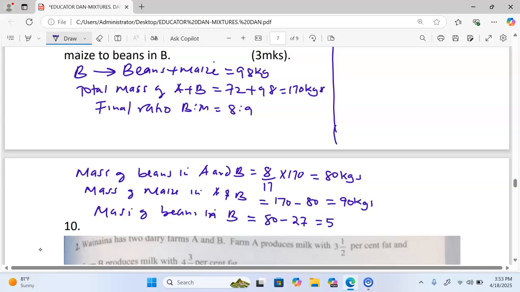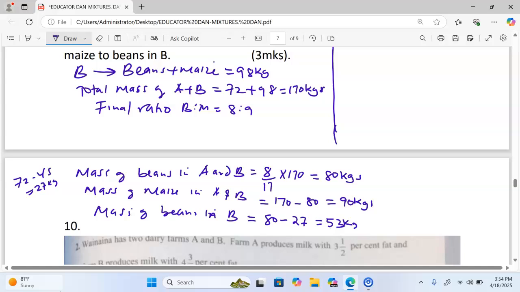Remember, 27 is actually the mass of beans in the first mixture, which is obtained by taking 72 minus 45, giving us 27 kgs.